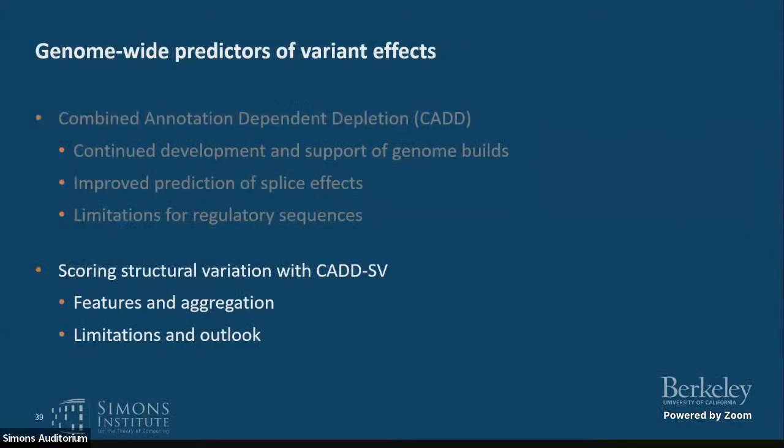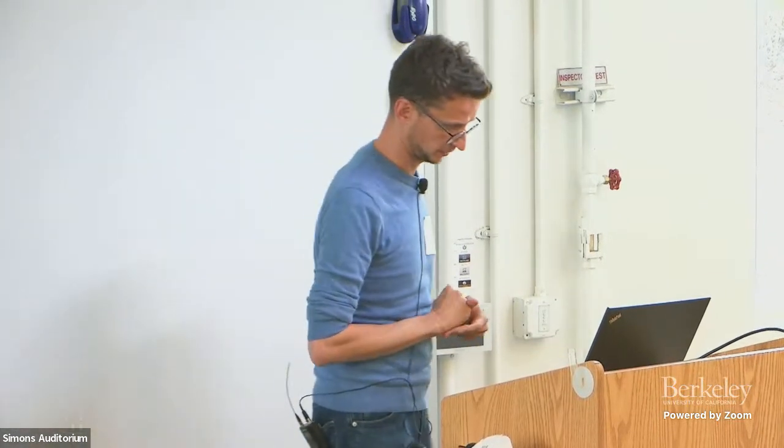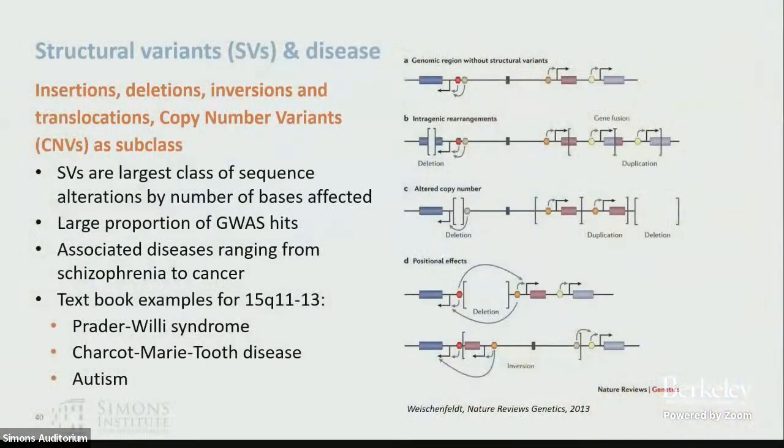Okay, so then I would like to switch over from these rather short variants. CADD can actually score variants that are single nucleotide variants, short indel changes, and multi-allelic substitutions. But obviously there's a whole class of much larger variants out there, structural variants, and I probably don't need to give an introduction to those.